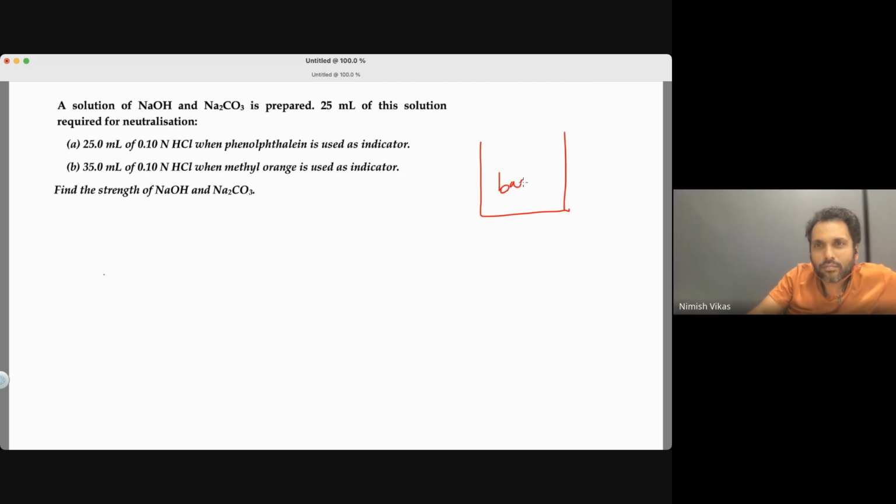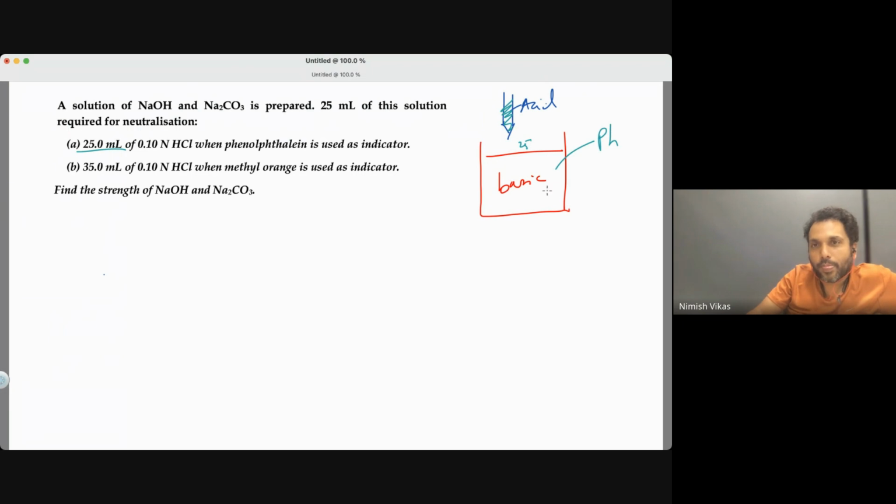You have some basic mixture and you are neutralizing with acid, using phenolphthalein as the indicator. Say 25 ml is consumed.